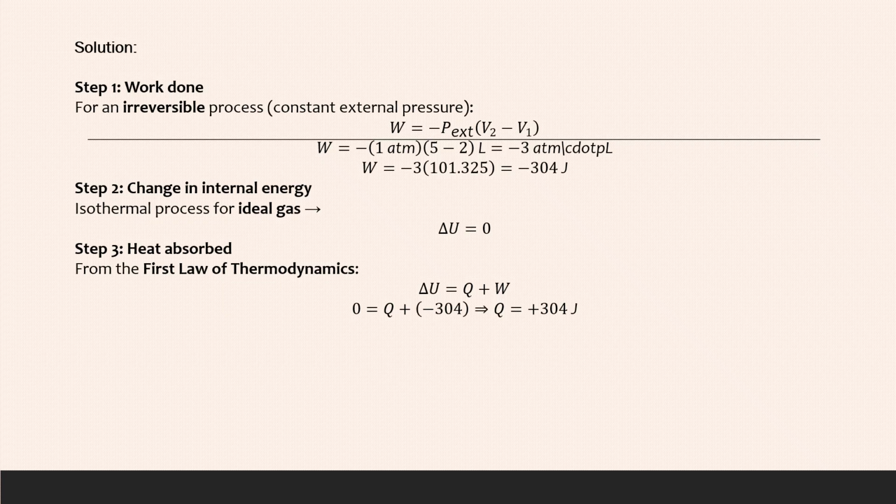Now for heat absorbed, let us consider delta U equals Q plus W. Delta U is change in internal energy, and the change in internal energy for an isothermal process for an ideal gas is always zero. Q stands for heat and W is work done. Therefore, delta U equals 0. Q needs to be calculated and W is found to be minus 304 joules. Substituting the values, we get Q to be 304 joules.